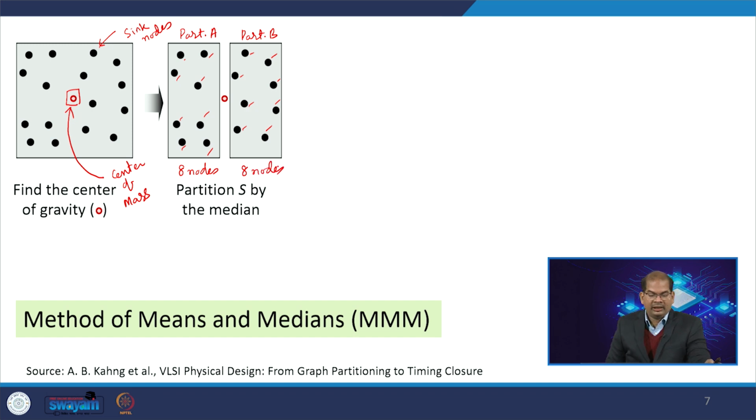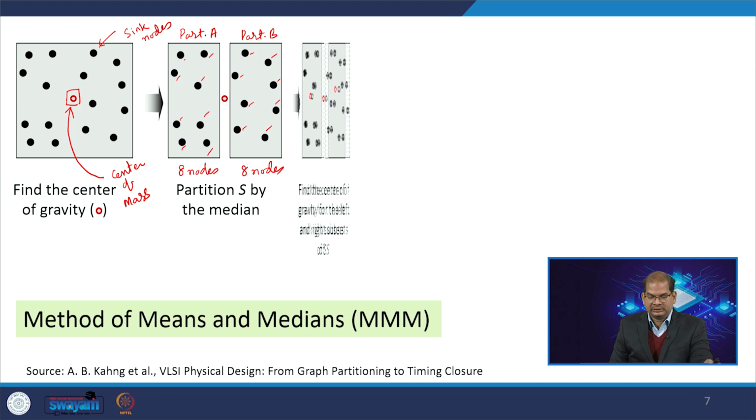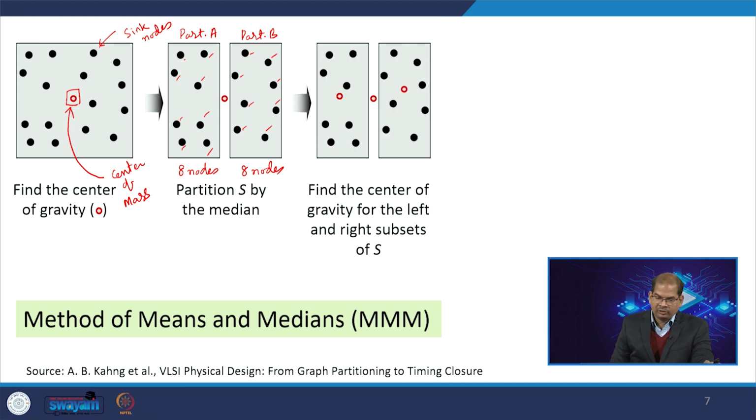Now, I have to repeat the same center of mass concept for the sub partitions. For partition A, this is my center of mass, and for partition B, this is my center of mass.